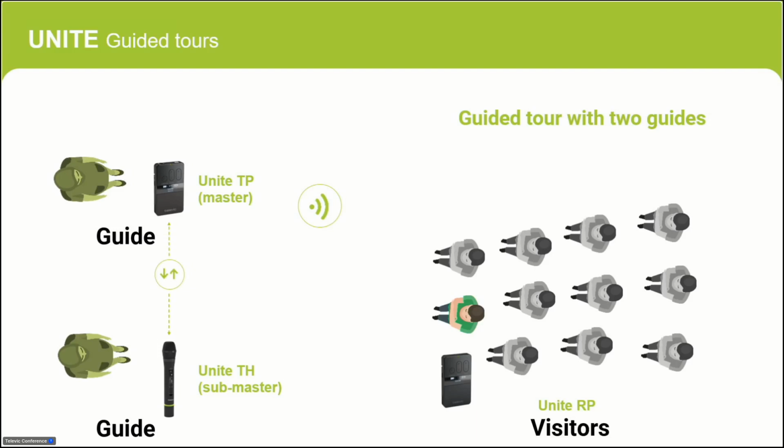Now, two guides can speak simultaneously. And can I also use RPT for visitors? Yes, all the visitors can use RPT to ask questions. And so how many persons can speak together? Three persons maximum can speak at the same time in one group.